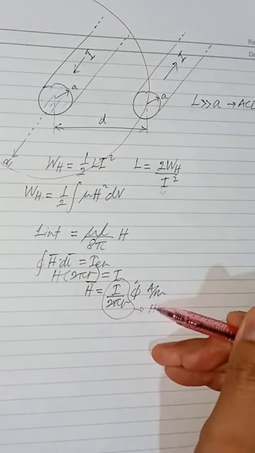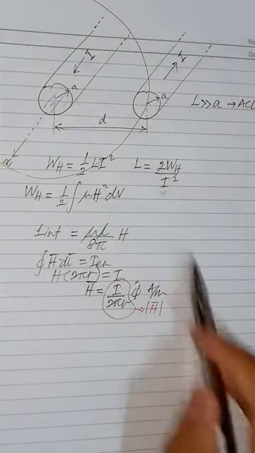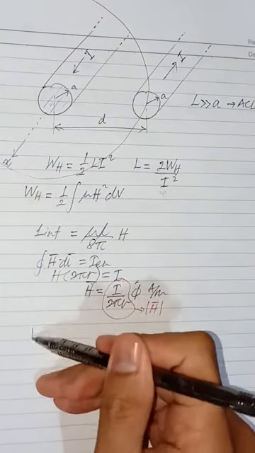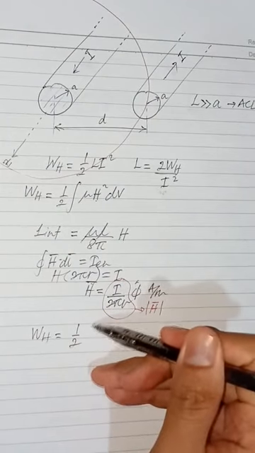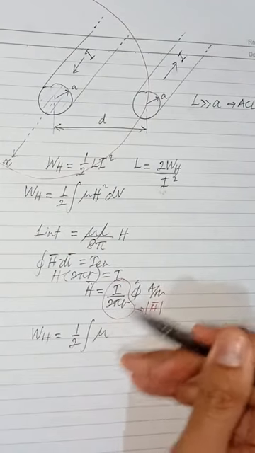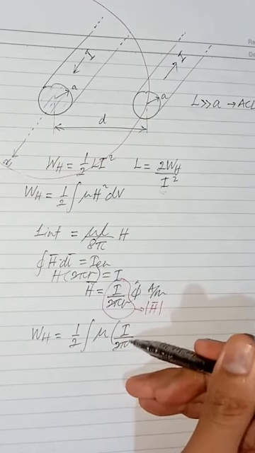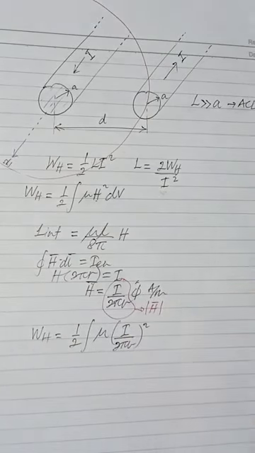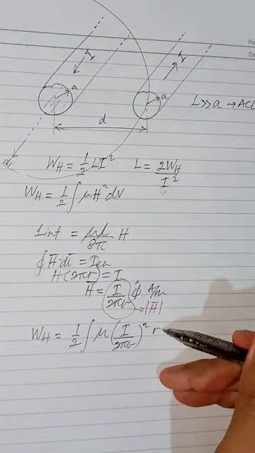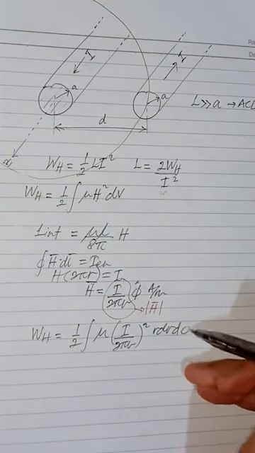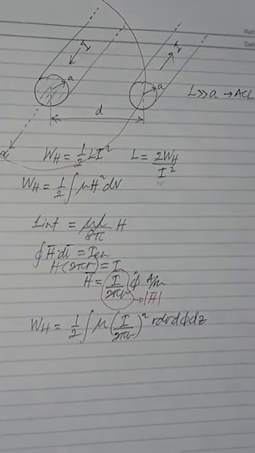Putting it inside, the magnetic energy is equal to 1/2 integral of mu times (I over 2 pi r) squared, and for dV in the case of a cylinder, the standard one is r dr dphi dz.